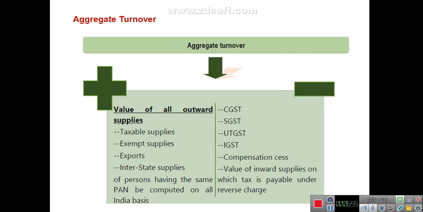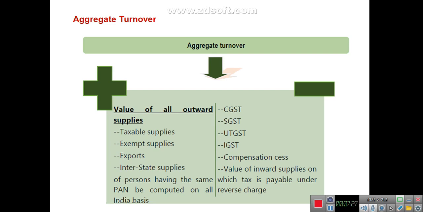It means that to calculate the aggregate turnover, all outward supply including taxable supply, exempted supply, export, interstate supply will be included in the total turnover calculation. But any type of GST, either CGST, SGST, UTGST, IGST or compensation cess, will not be a part of aggregate turnover.